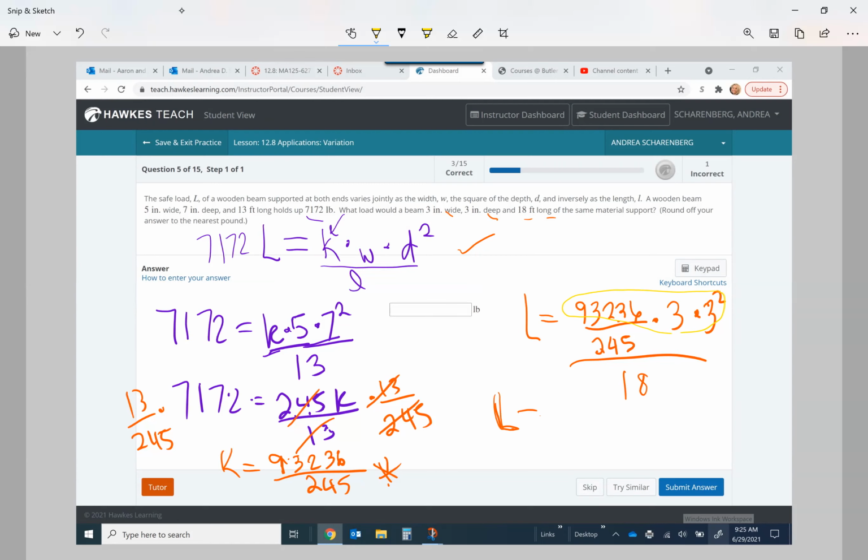Then I divided by 245. Then I divided by 18. And you get, your final answer is 570.8, I believe. And it says round off to the nearest pound. So this becomes 571. And that is your answer.